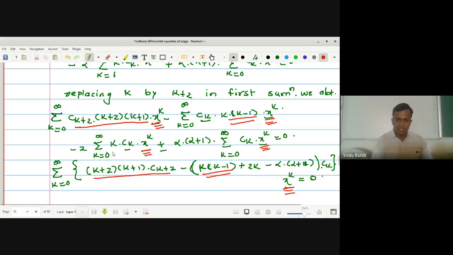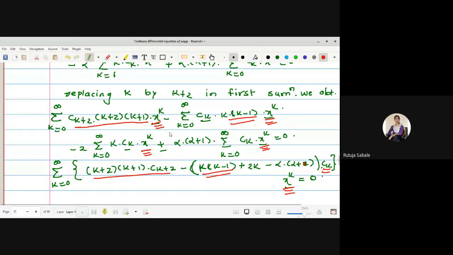Okay, and this k into ck, minus 2k here, and ck is here. Okay, and alpha into alpha plus 1. Okay, any doubt? No, sir.